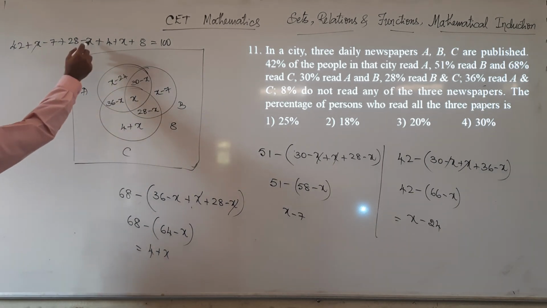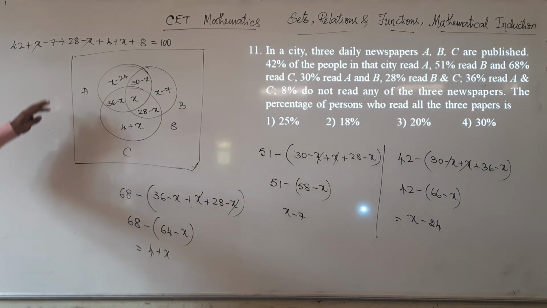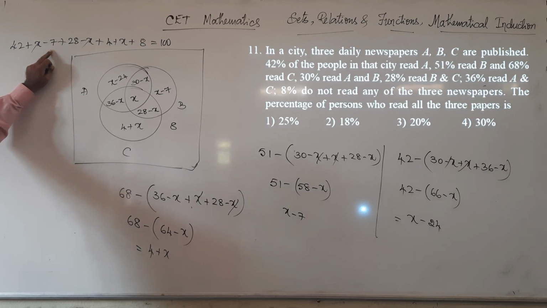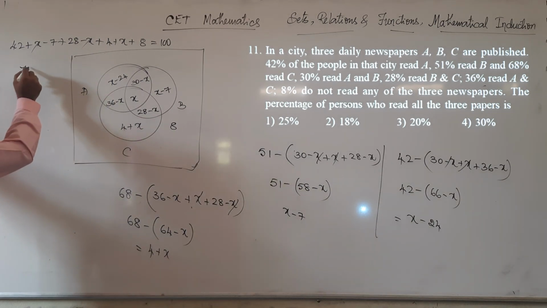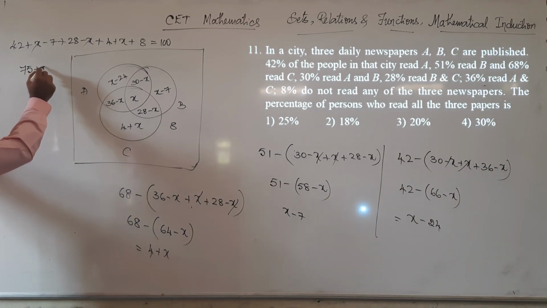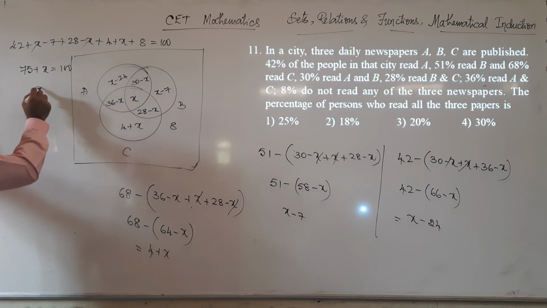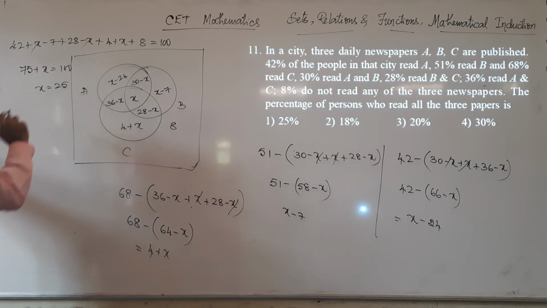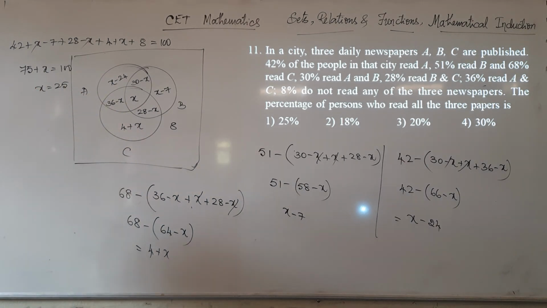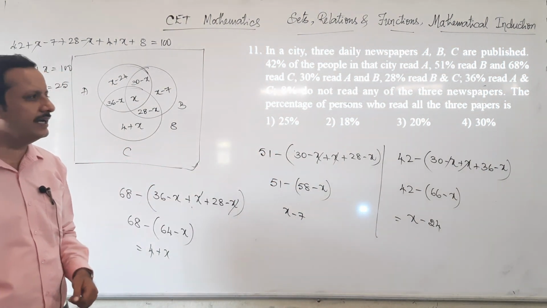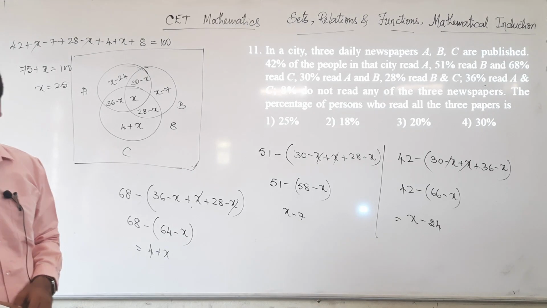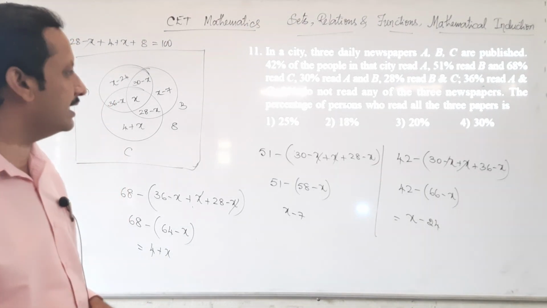Here X gets cancelled. 28 minus 7, that will give you 21 plus 4, 25 plus 42 plus 8. 75 plus X equal to 100. So that means X must be equal to 25. So 25% of the persons read all the 3 newspapers. First option is the right answer.